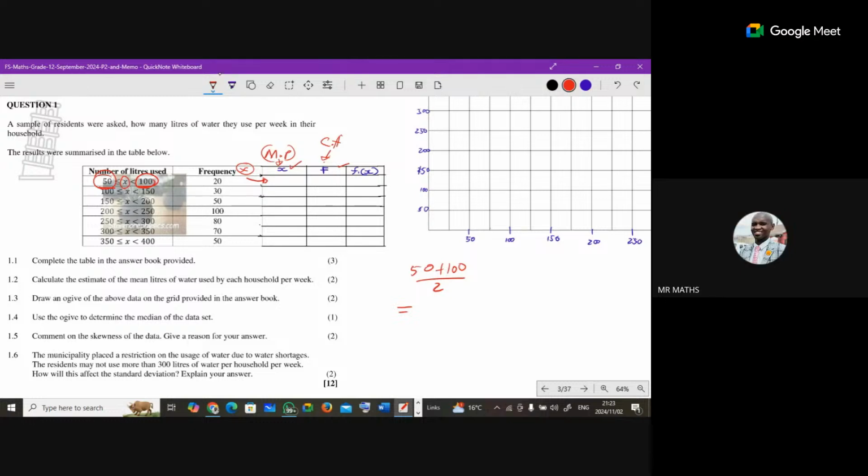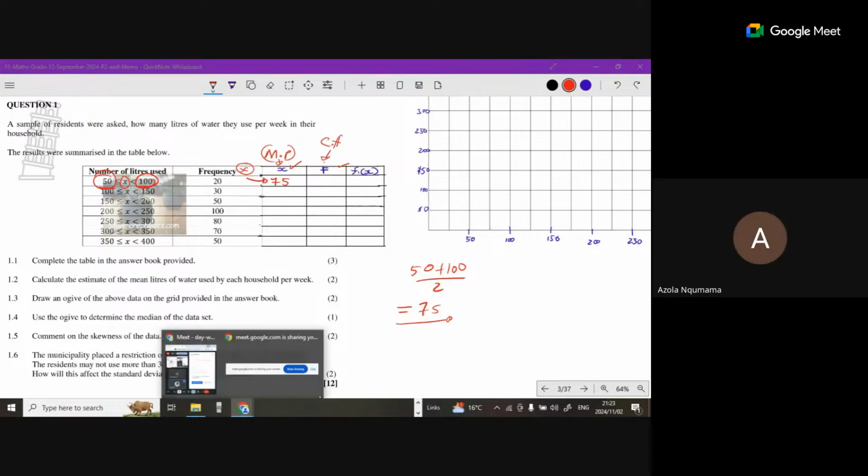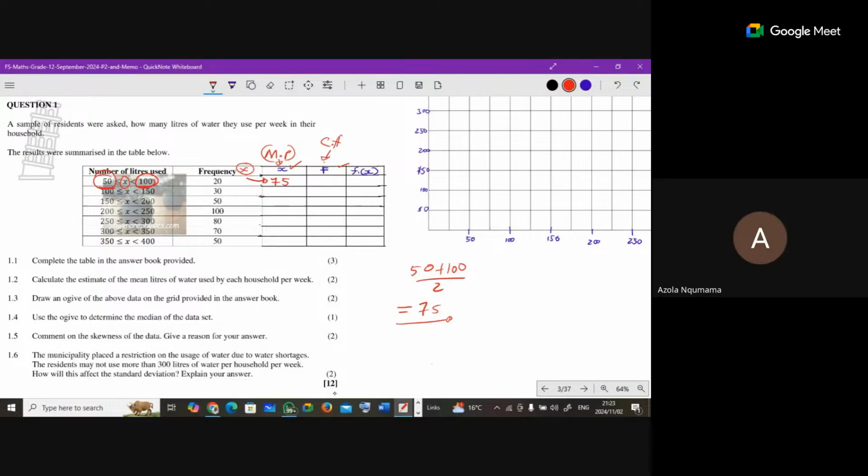Ufumana u-75. So that means midpoint yakho pha ngu-75. Then from 75, sibuye sifuna elandela i-midpoint sizakwenza njani? 100 plus 150 over 2. Wafumana bani? 125.